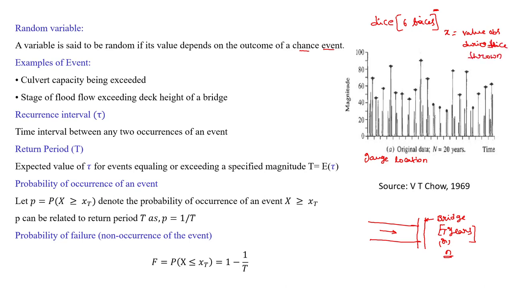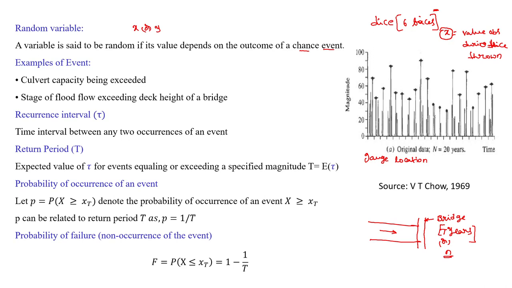When you throw the dice once, you may get one. Next time you may get two. Like that, you can get a different value for each event. This kind of outcome we often denote with a variable, and that variable is called a random variable. Typically we can use x or y, any symbol, to denote the random variable.